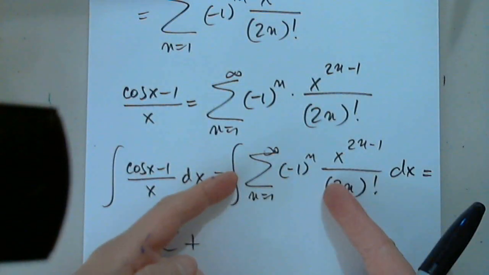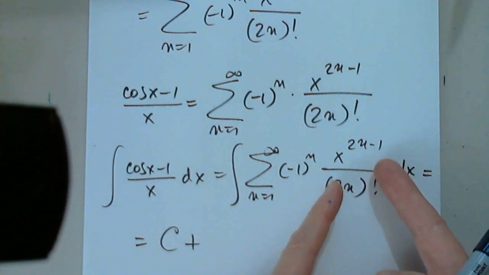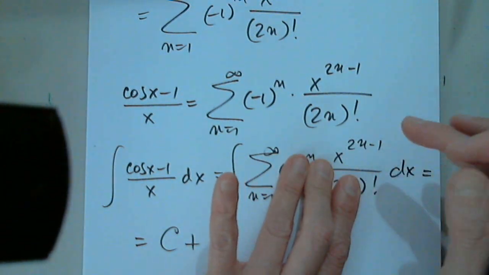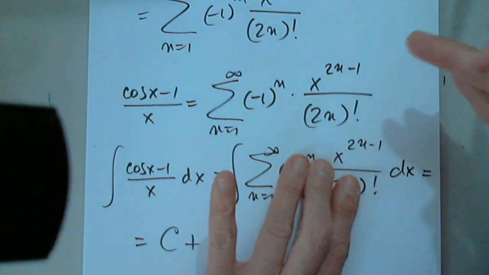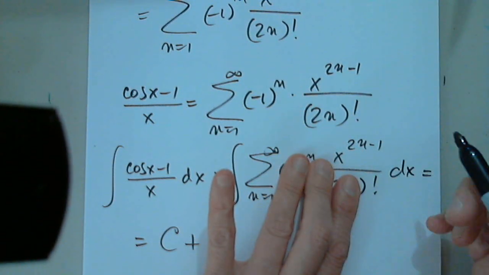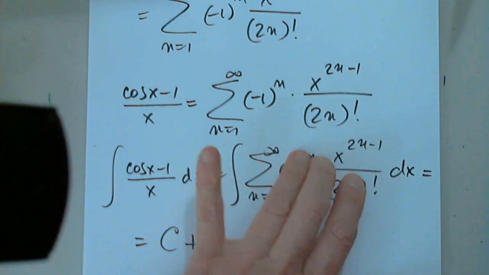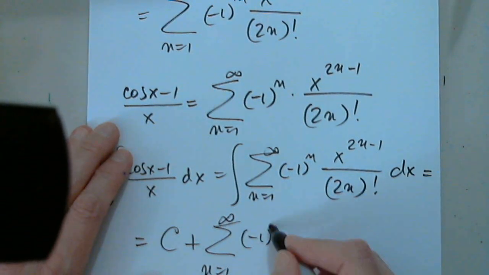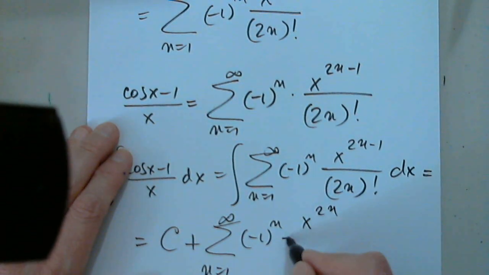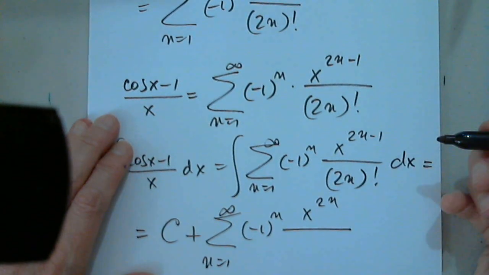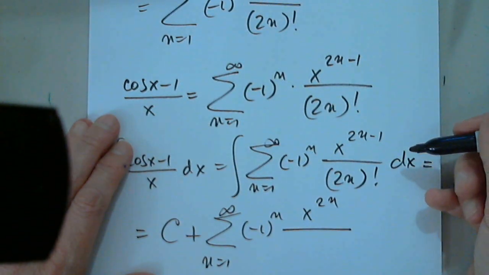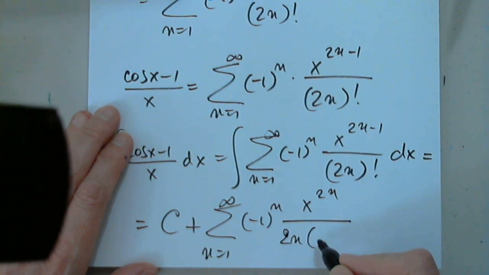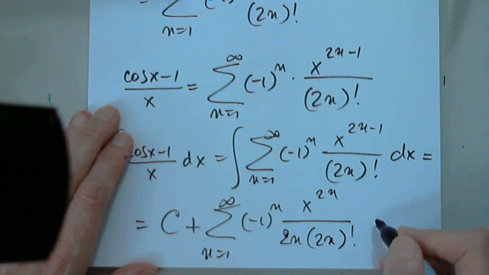When we integrate, this is a constant, so we are integrating x^(2n-1), so it would be x to the 2n minus 1 plus 1, over 2n minus 1 plus 1, right? So the whole thing is (-1)^n x^(2n), because it's 2n minus 1 plus 1, and over 2n, so 2n times (2n)!.